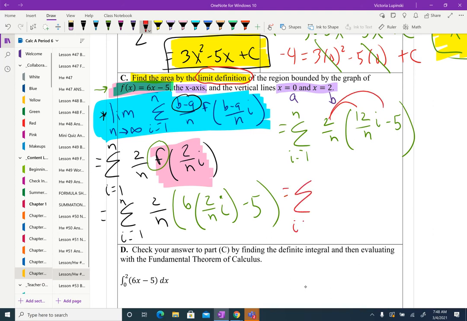So this is the sum from 1 to n of 24 over n squared i minus 10 over n. Give you a second just in case you're still writing anything down or need to catch up. Questions?